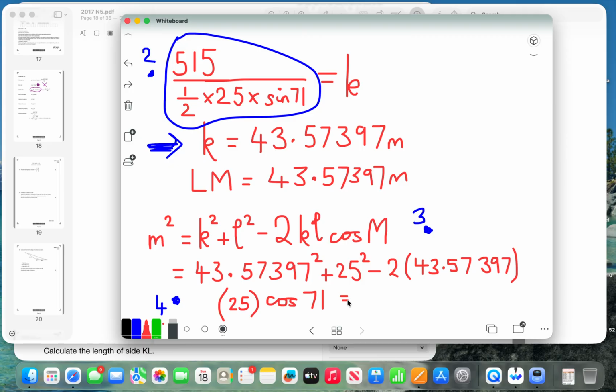You want to be really careful with this sort of question. And the answer we get is 1,814.37601. That's the answer for m squared.